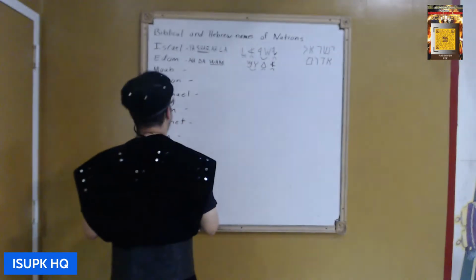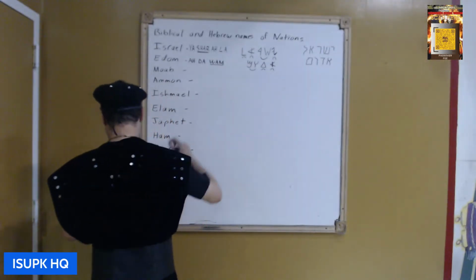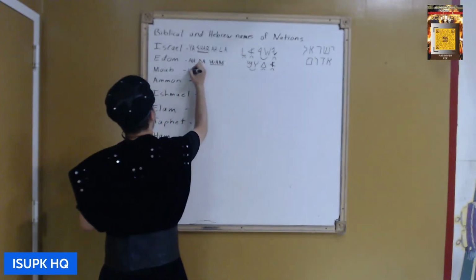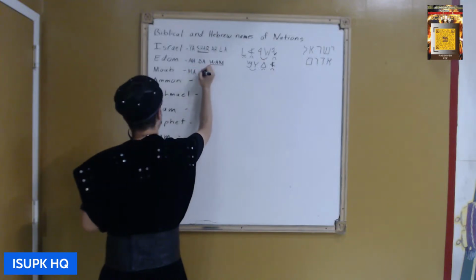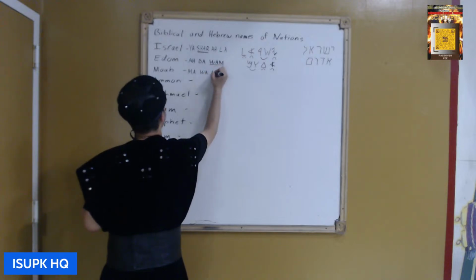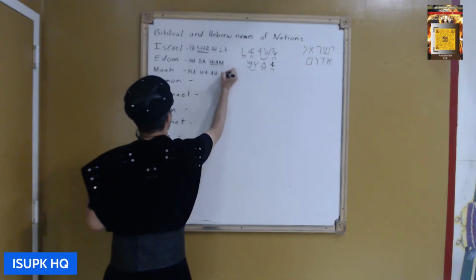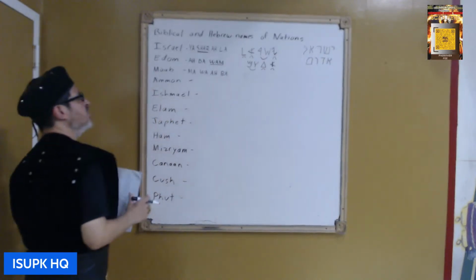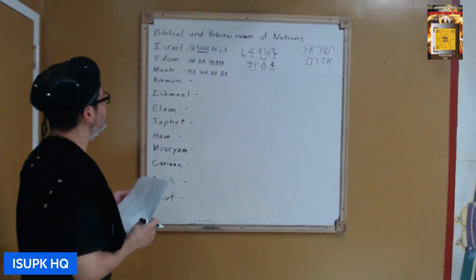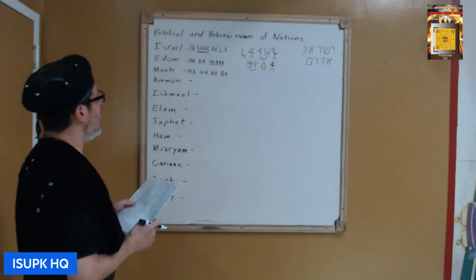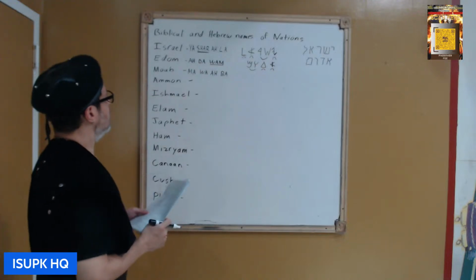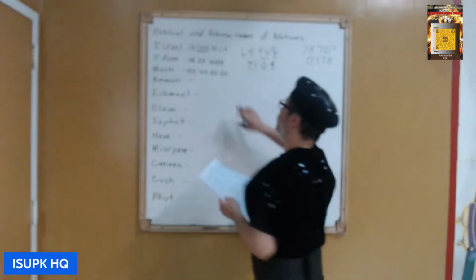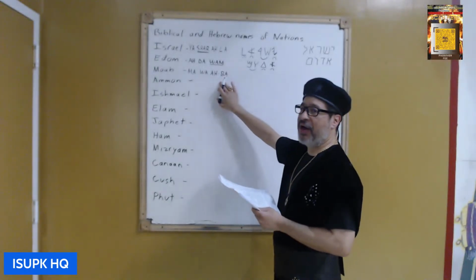Next we have Moab. So that's ma, wa, a, ba. There's no connectors in any of those. So it's ma, wa, a, ba. If you recognize Abba, that's father.